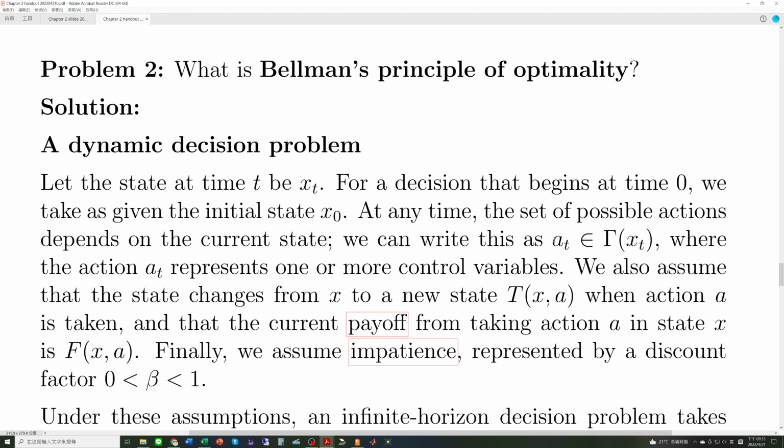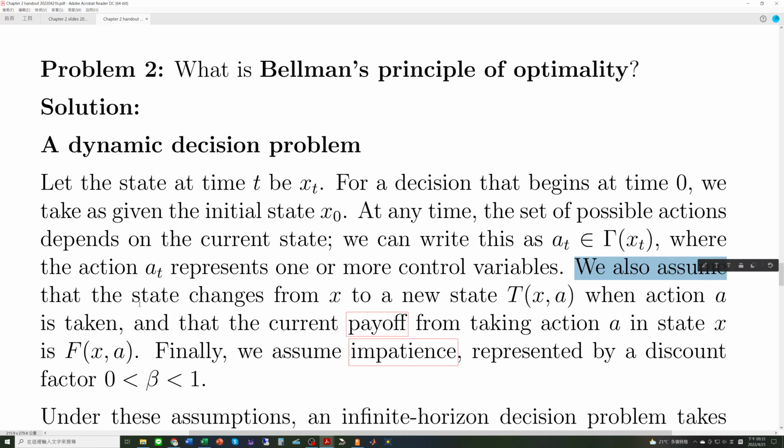Okay, a_t is the action at time t, where the action a_t represents one or more control variables. Okay, and we can see that a_t belongs to a set, and this set is a function of x_t.